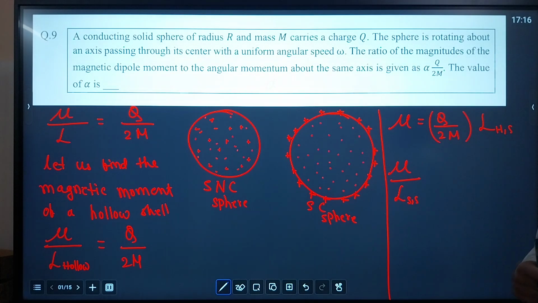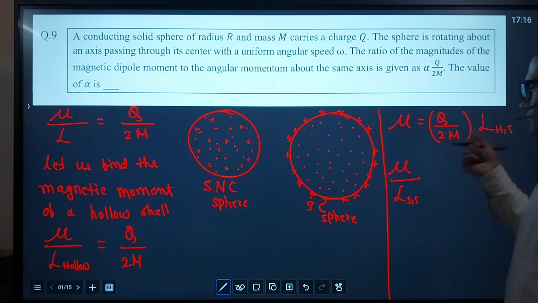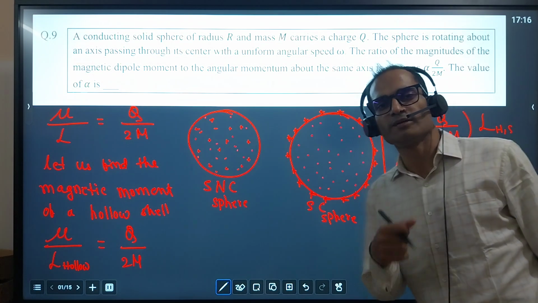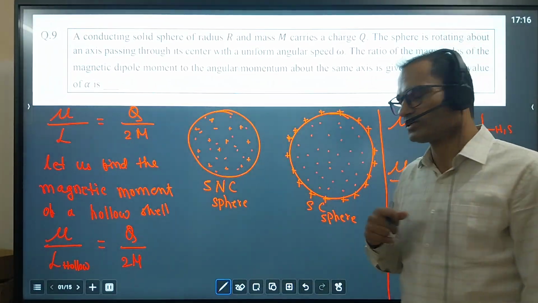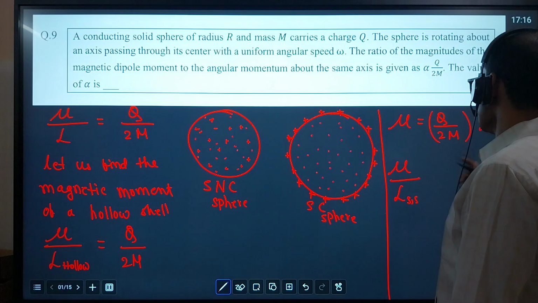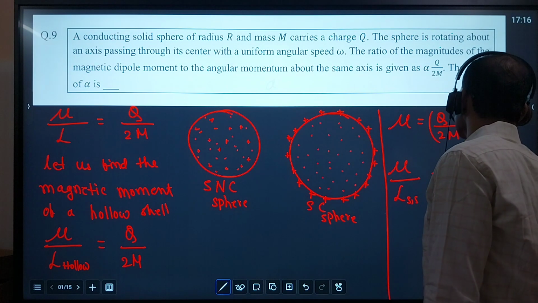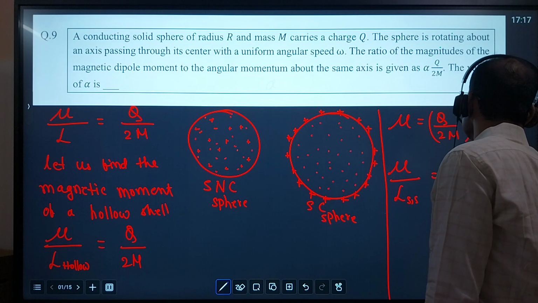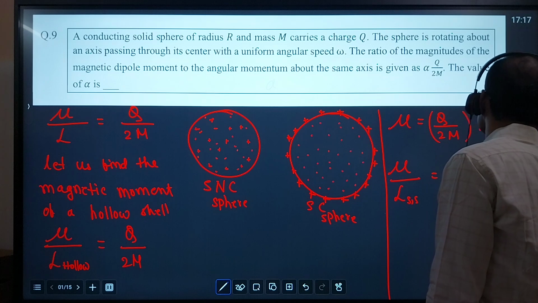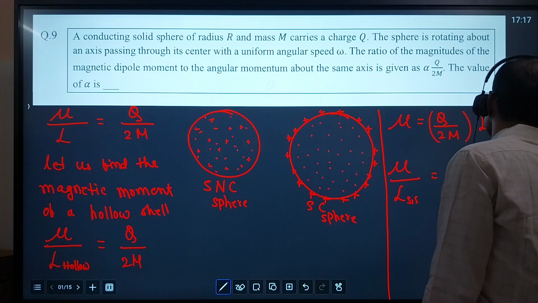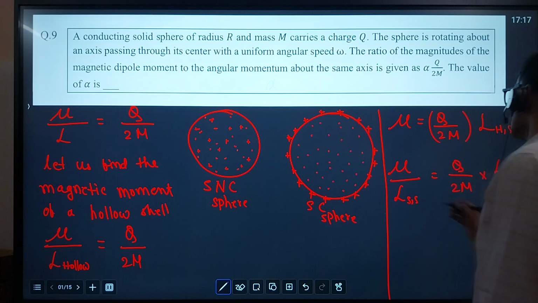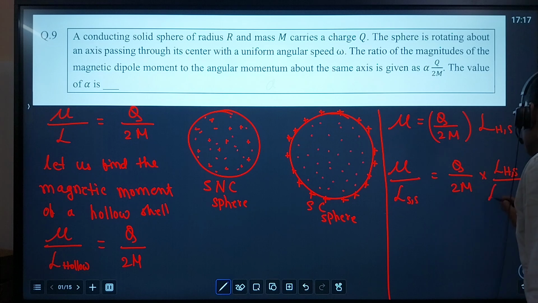But we actually had to find mu by the angular momentum of the solid sphere. So it looks like it will be easy. Whatever we have found, we just have to divide by the angular momentum of the solid sphere, right?